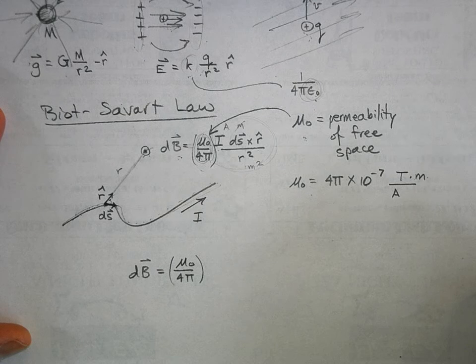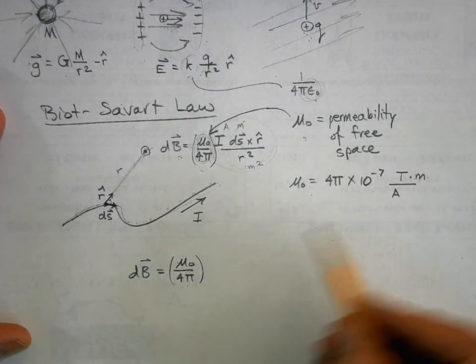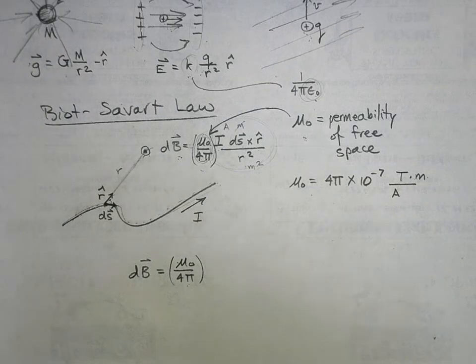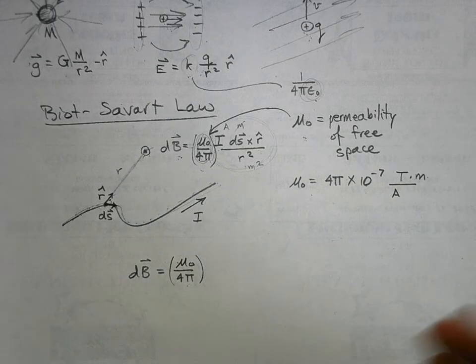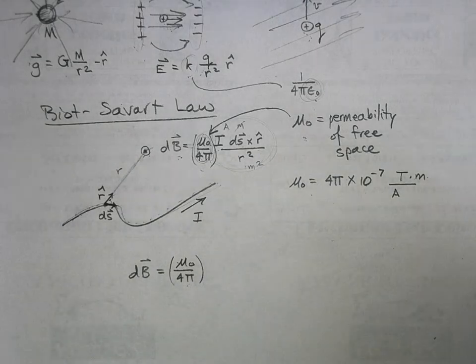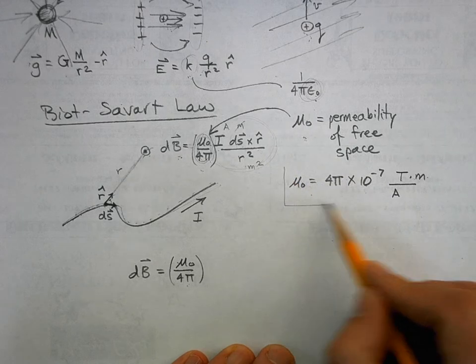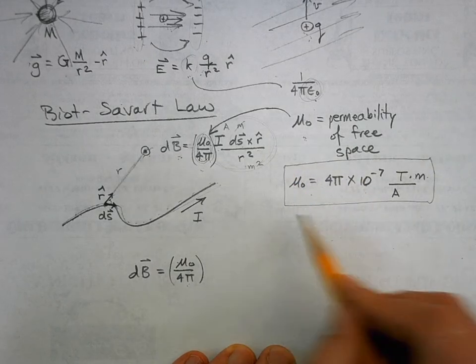Now notice the 4 pi cancels and you get 10 to the negative 7. That's because of the way Teslas are defined, based on this magnetic property of nature. So this right here is an exact value. This is unlike the other constants of nature.